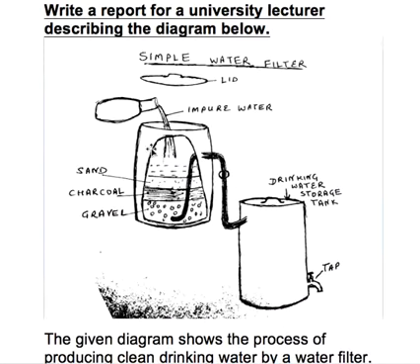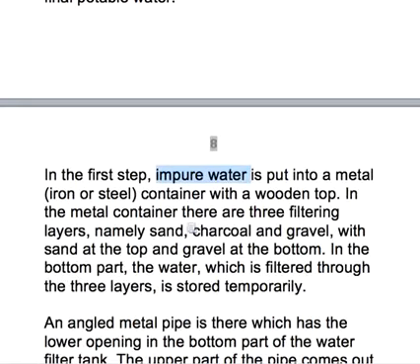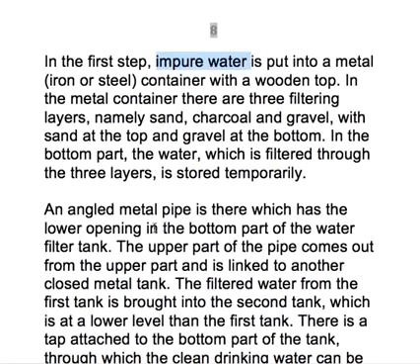So you can see that in this tank there are three layers: sand, charcoal, and gravel. And in the bottom, the water which seeps through, which filters through these three layers, is stored temporarily, just for some time. An angled metal pipe is there which has the lower opening in the bottom part of the water filter tank.